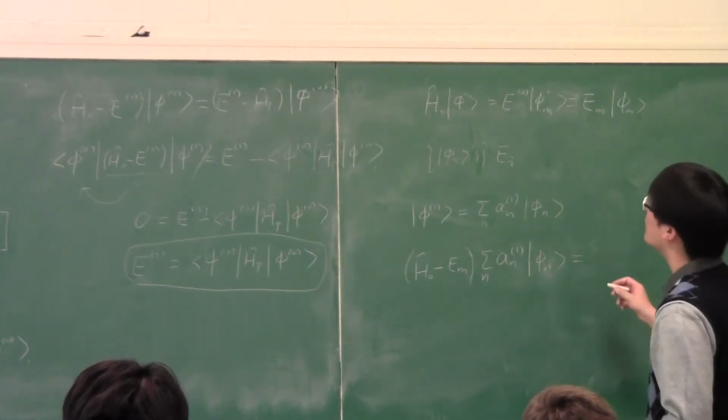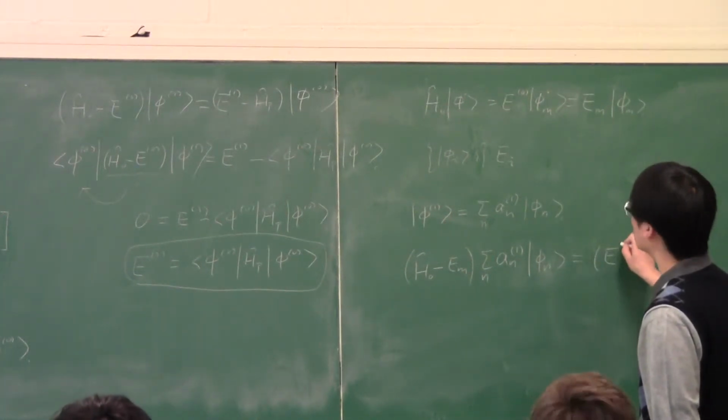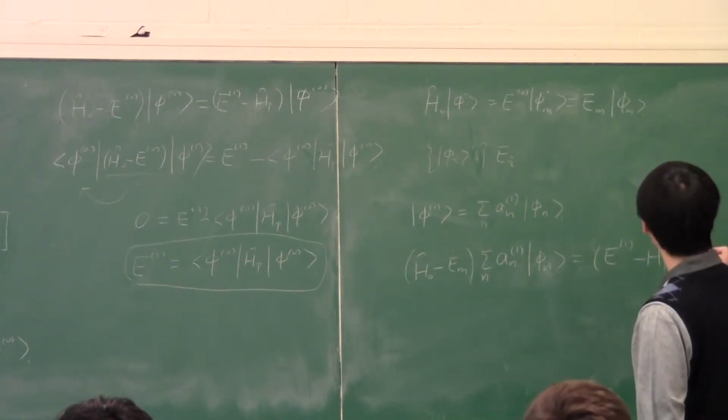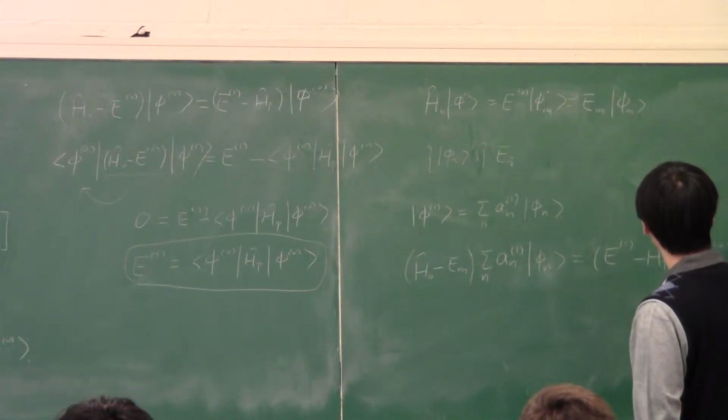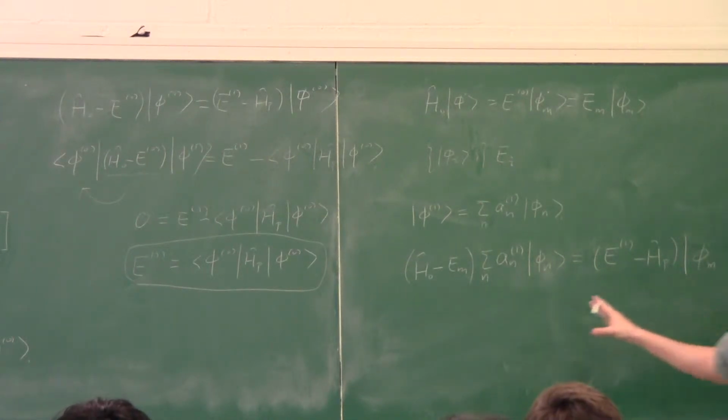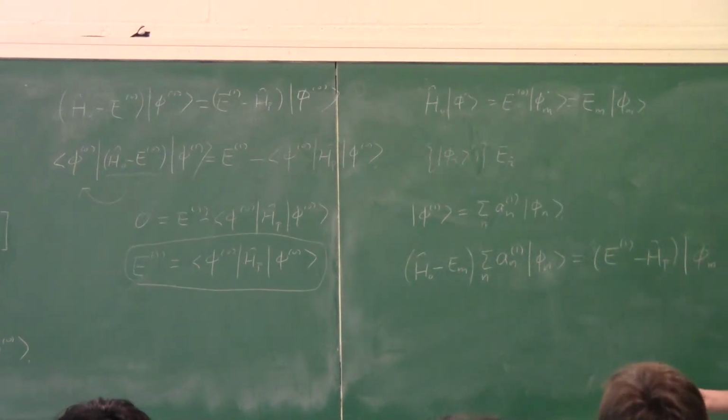Okay. And then reading directly you get phi of 0, which we will just interpret as phi m. Okay. So this is just this equation written in the expression.